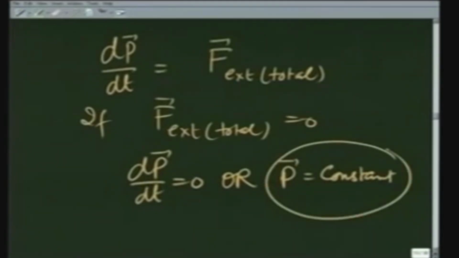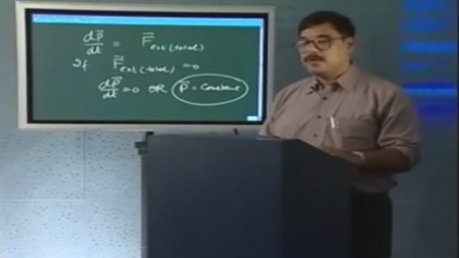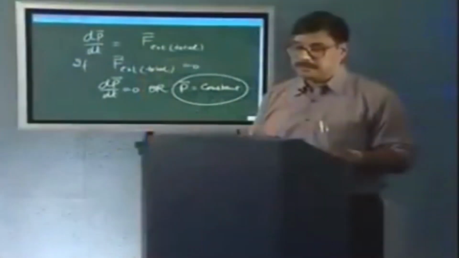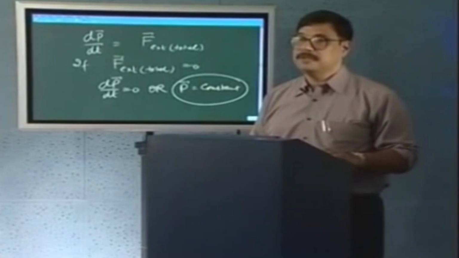So for a many particle system also, if there is no force applied from outside, the total linear momentum is conserved, and that is a fundamental statement of physics. It is used in conjunction with other conservation laws and makes solution of problems easier at times.